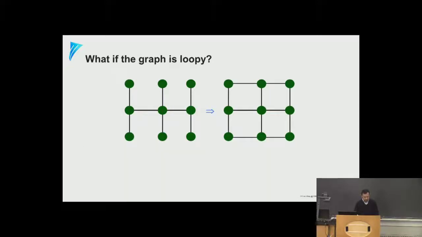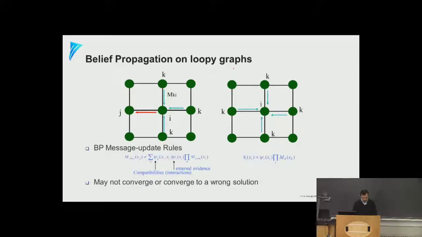Now, if we have a graph like this, which is not a tree, we call it a loopy graph. Guess what you should do to solve the problem? Some decades ago, people were just maybe either creative or careless. They didn't really know the theory behind it, and they weren't told to only run this algorithm on a tree.